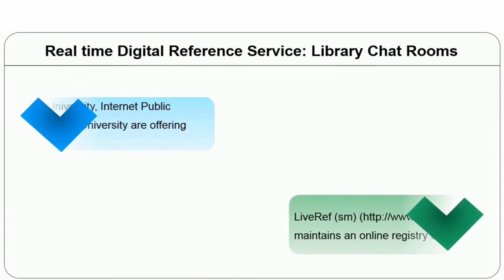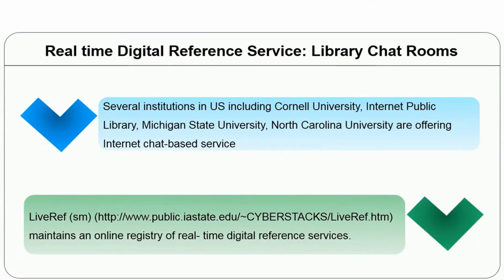Then a few other examples include some of the very famous universities, that is Cornell University. They have the Internet Public Library, Michigan State University, North Carolina University. All these are offering internet chat-based services. I think colleges and universities should look to provide it.